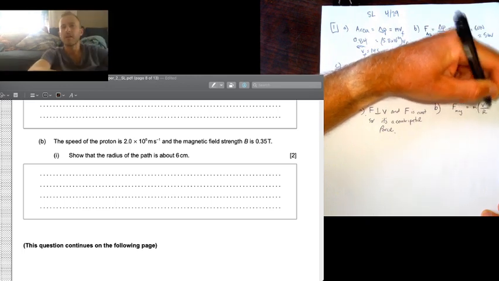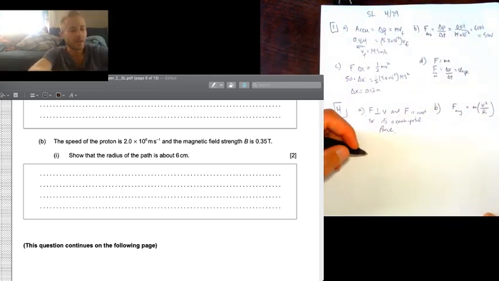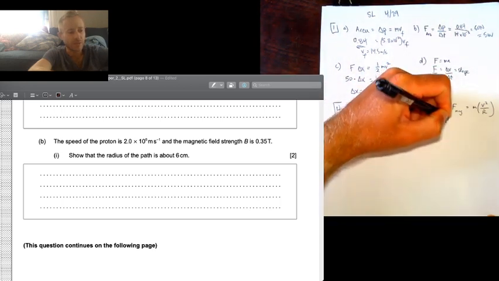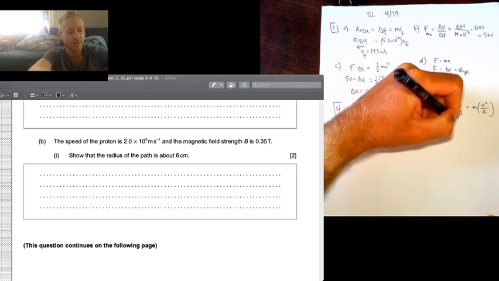Okay. You might recall that the magnitude of the magnetic force is the magnitude of the charge times the speed times B times sine of theta.